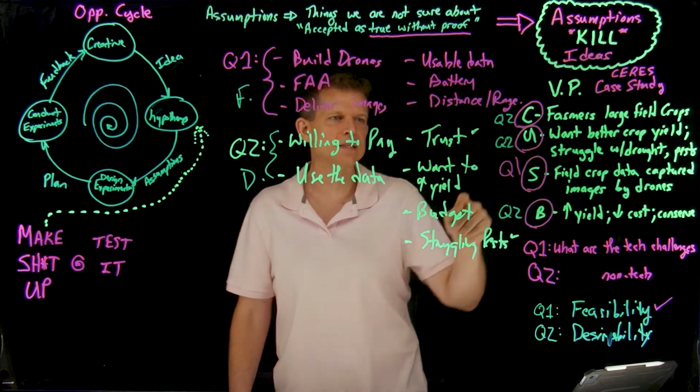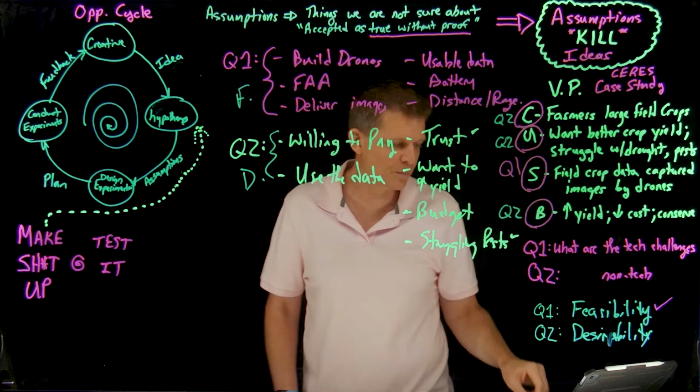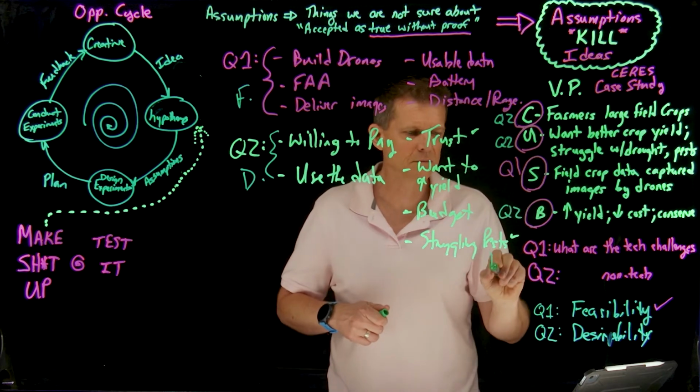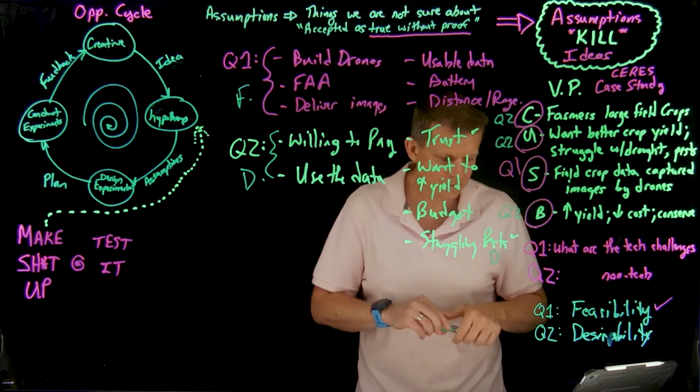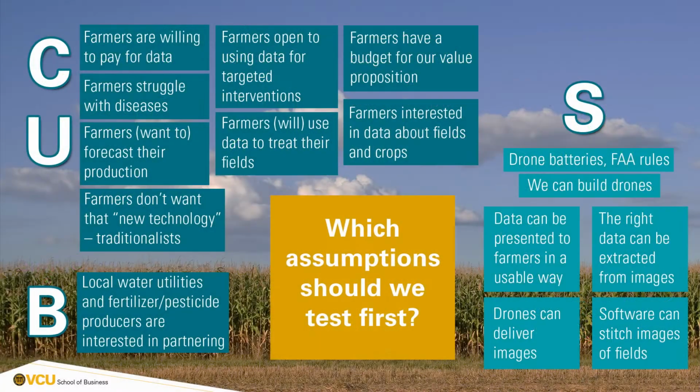They trust us. They want to increase yield. They have the budget. They're actually struggling with pests or struggling with drought. Put that one in there too. Rank order your top 3. What are the top 3 you would test first? Because we have limited time, limited resources. Which ones would you test first?